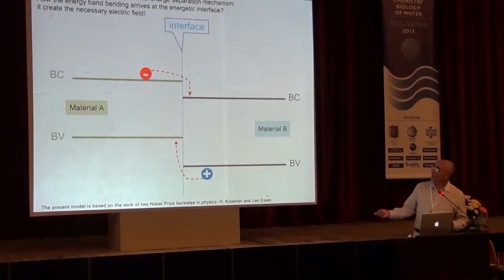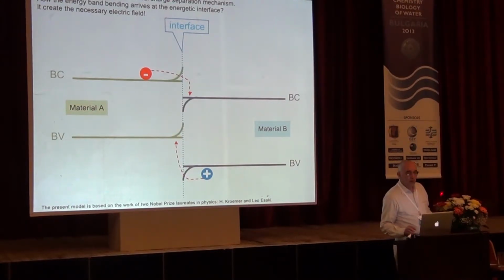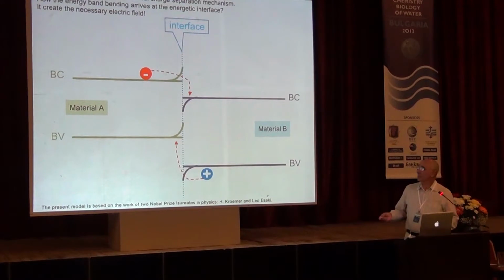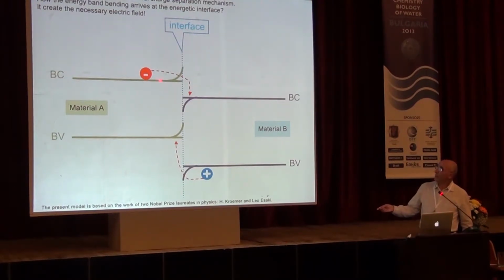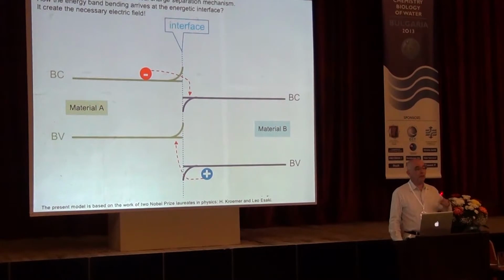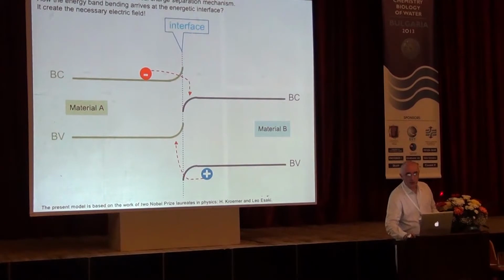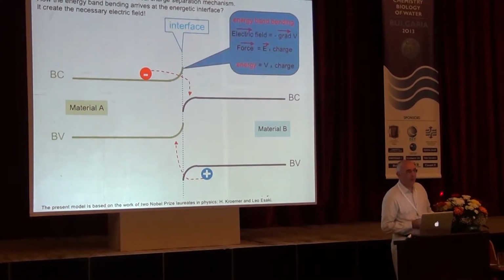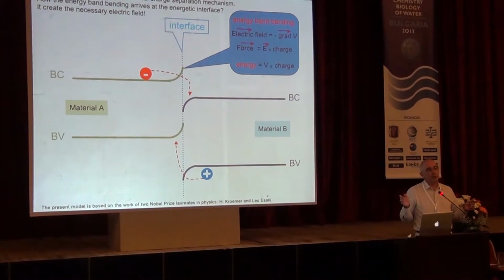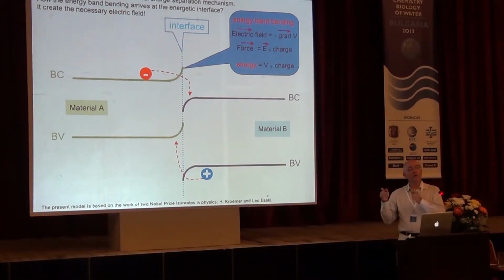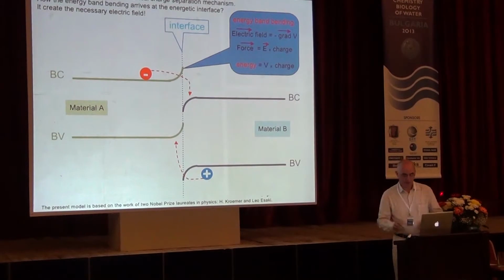When it falls down, here we have an energetic step, and this falls down here, and this falls down here, we always have what we call band bending, because this one is falling down here, creating a non-equilibrium electronic system on this side, and the same for this side. So this band bending is a variation of the potential, and the variation of the potential gives me what we call an electric field. If I have the electric field, I have the driving force to separate charges.